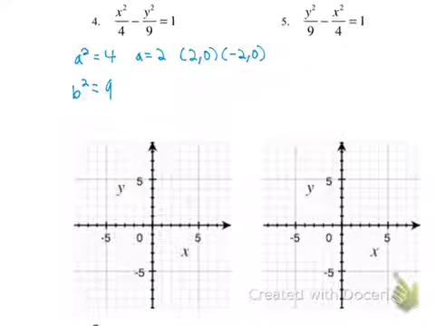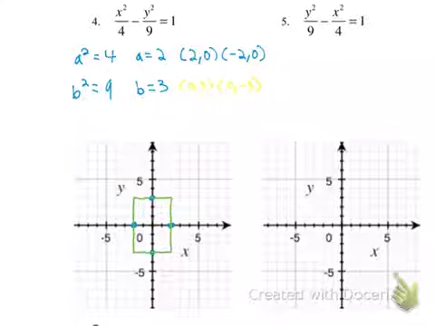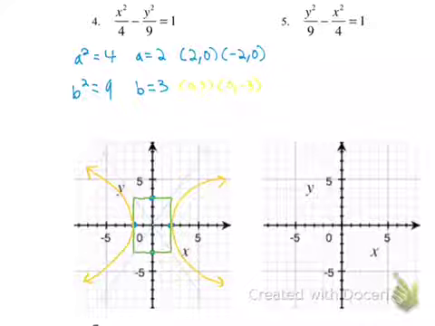So a equals 2, which means my vertices are at (2, 0) and (-2, 0). b equals 3, so my conjugate axis is from (0, 3) to (0, -3). Remember, that just helps us get our box. That's all we're using it for. I have my box. Now I can do my asymptotes through the corners, and my hyperbolas will approach the asymptotes but will not touch.